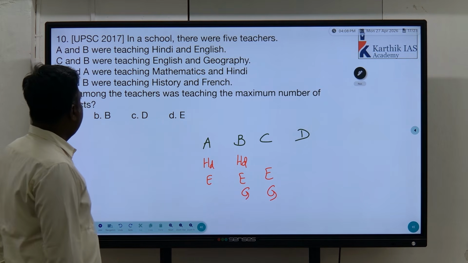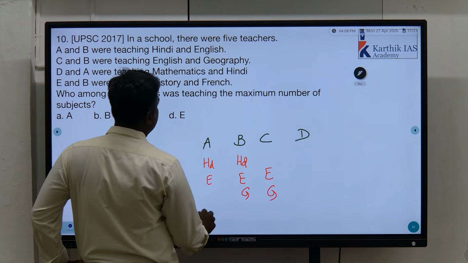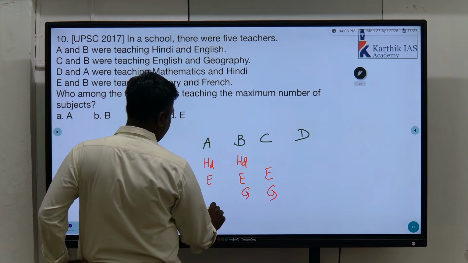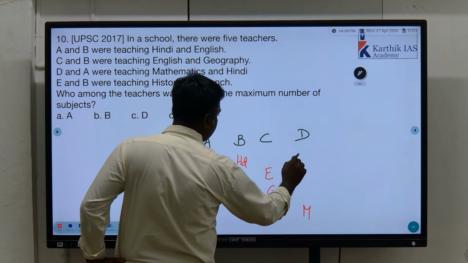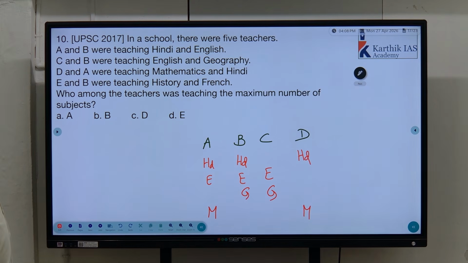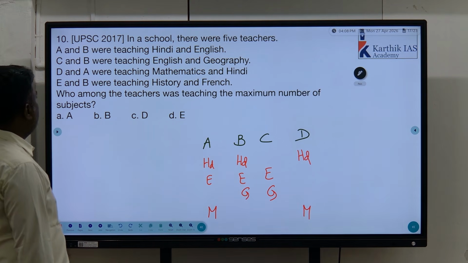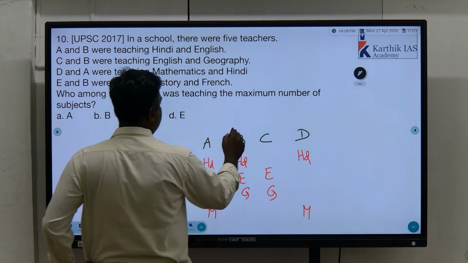Understand? D and A, mathematics and Hindi. Already we have done mathematics and Hindi. Understand? D and A, mathematics and Hindi. E and B, history. Understand?